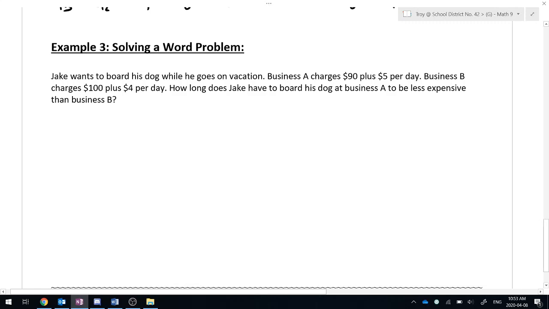The first place he looks at, business A, charges him $90 plus $5 a day, and business B charges $100, so it's more upfront, but it's $4 per day after that, so it's cheaper per day. How long does Jake have to board his dog at business A to be less expensive than business B? All right. So let's go over here. We'll do business A.